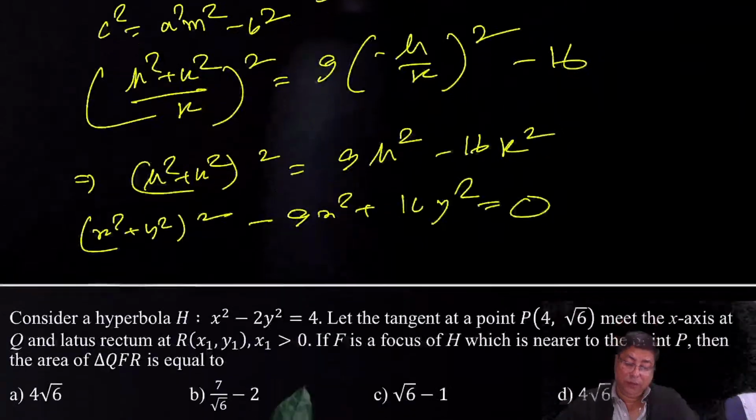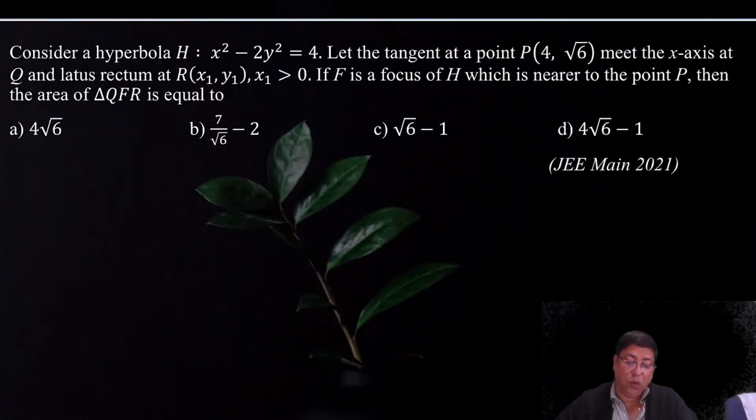Let's come to the next one. Consider the hyperbola H, x square minus 2y square equal to 4.